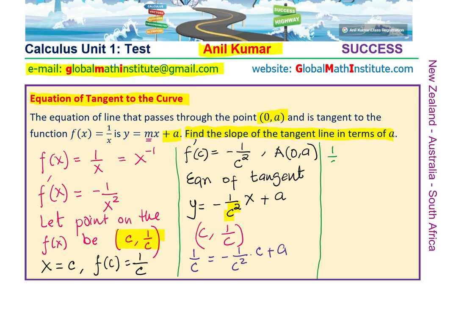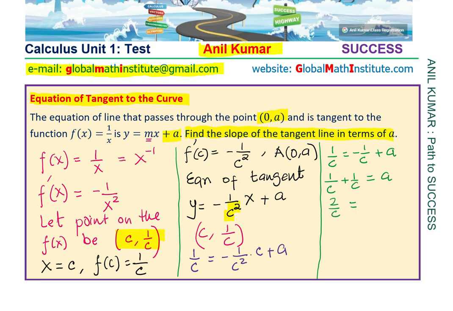We have 1 over c equals minus 1 over c plus a. Bringing them together, we get 1 over c plus 1 over c equals a, or 2 over c equals a. Correct? Or you can say 1 over c equals a over 2, right? Is that clear? So we get the value of 1 over c as a over 2.